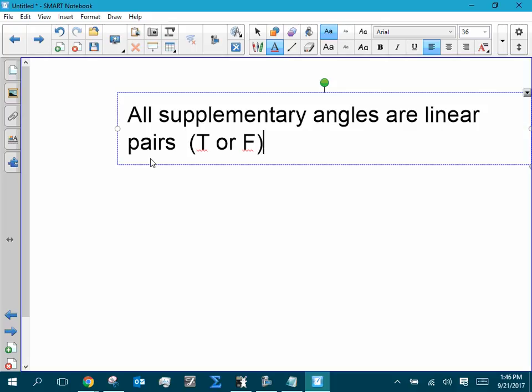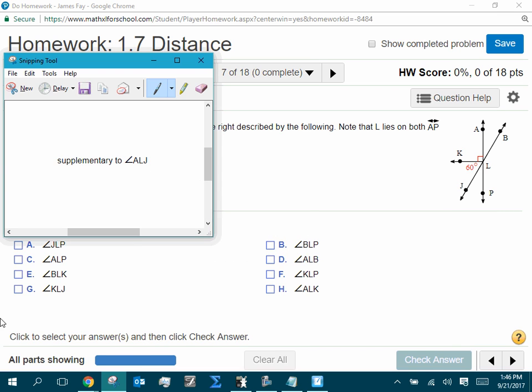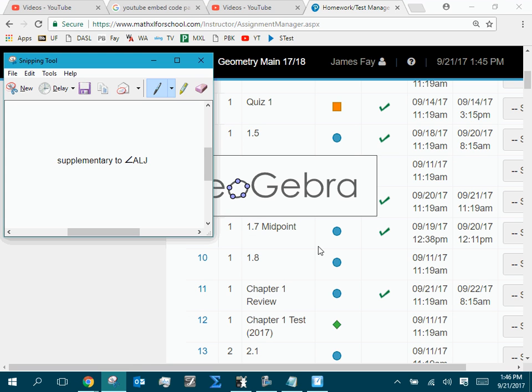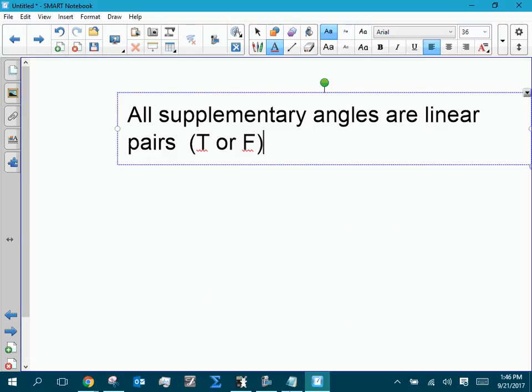That's false. If I have, let's say we go to GeoGebra, it's easier to draw them in GeoGebra than anything.